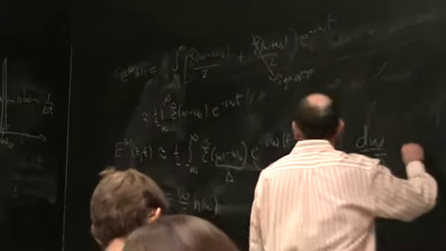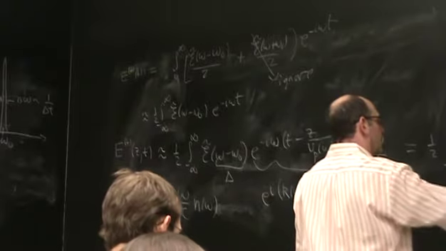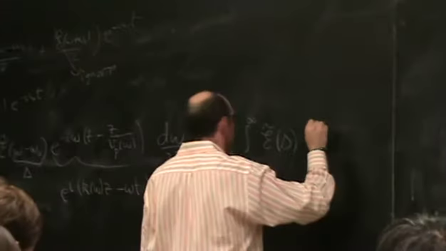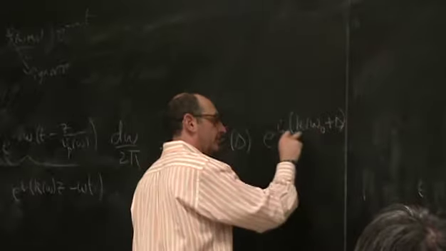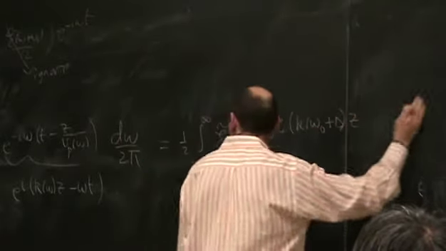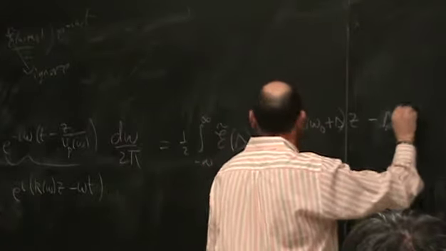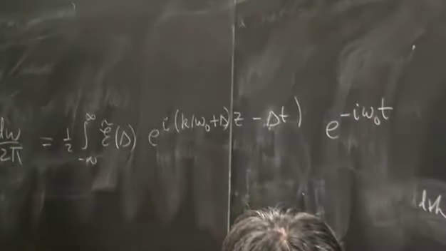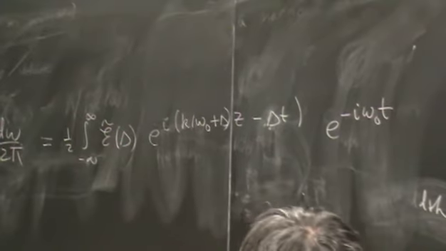Then we can rewrite this as 1/2 the Fourier transform as a function of delta, e to the i k of omega naught plus delta times z, minus i delta t, minus i omega naught t. Here I'm just writing omega equal to delta plus omega naught.